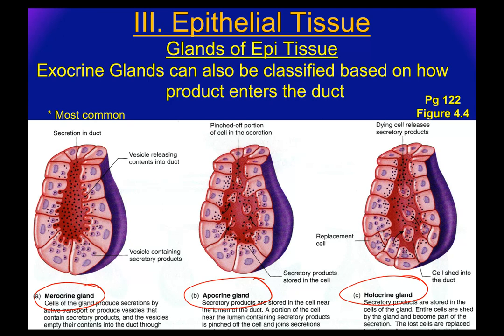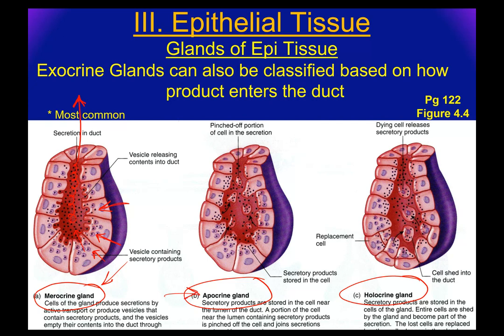So, merocrine glands, they produce their secretions and then they exocytose it into the lumen until it works its way to the top. This is going to be the most common type of gland that we have. Most of our glands are going to be merocrine, where I make a product, I exocytose it, and it goes into this duct. Okay?